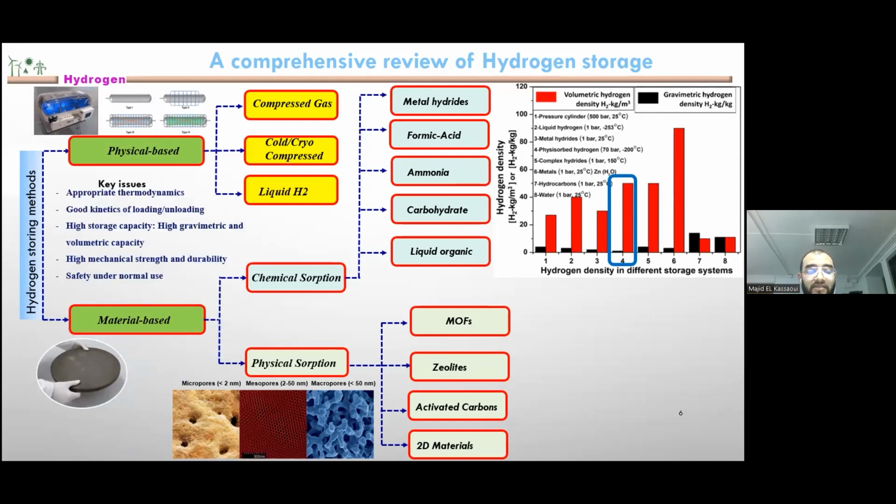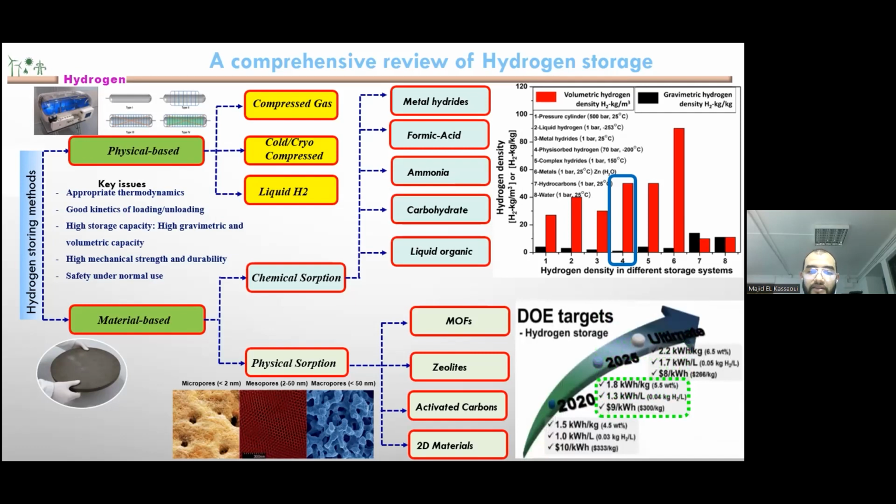What are the criteria in hydrogen storage? The first one, appropriate thermodynamics around the temperature and pressure. The second, good kinetics of absorption and desorption, high gravimetric and volumetric capacity, high mechanical strength and durability, and safety under normal conditions.